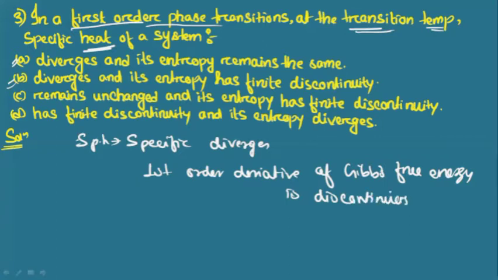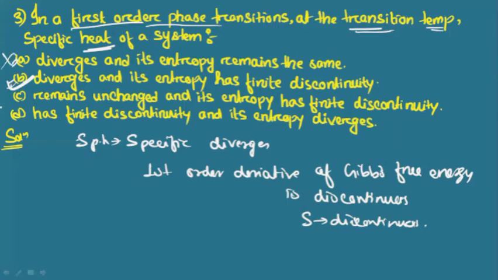That means entropy, it is a first order derivative of Gibbs free energy, so entropy is discontinuous. That means it will have finite discontinuity in the first order phase transition. So the correct option is option B, right?